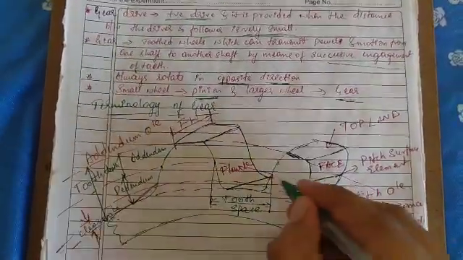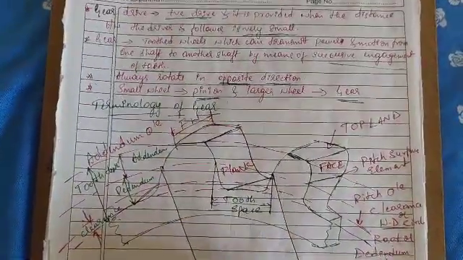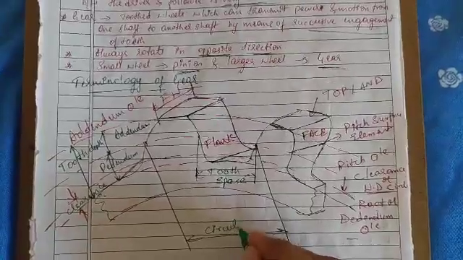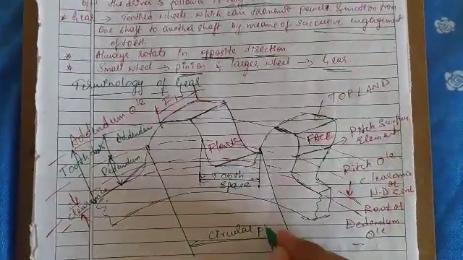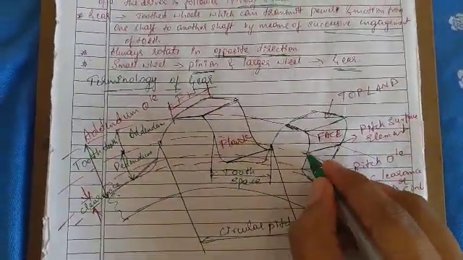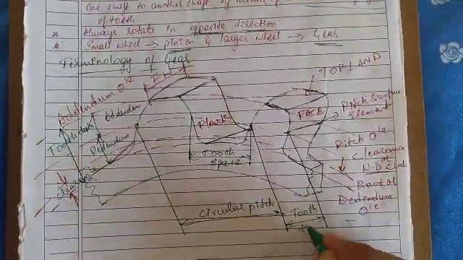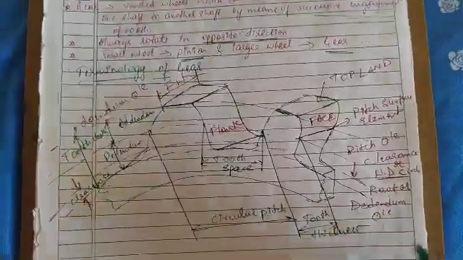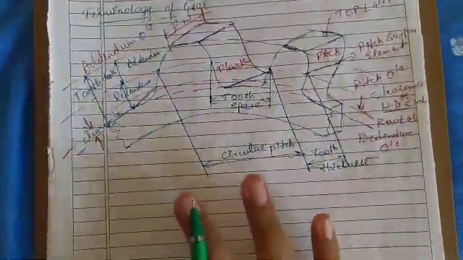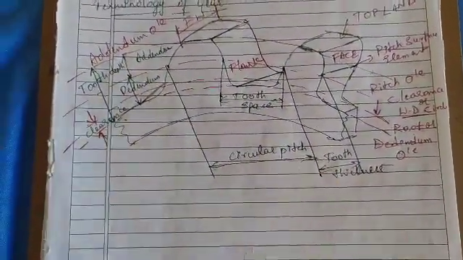From this point to this point, this distance we call the circular pitch. From this point to this point is the tooth thickness. This is about the figure, and it covers all the terminologies used in the gears.